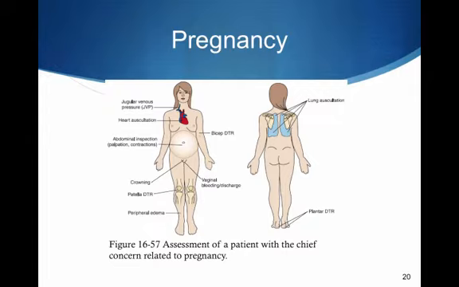Pregnancy. If there's any gynecological concerns, very frankly and very nicely and professionally, ask them if they've had any kind of STDs or gynecological problems. Ask them if this is their first child, or if this is number 2, 3, 4. How many living children do they have?